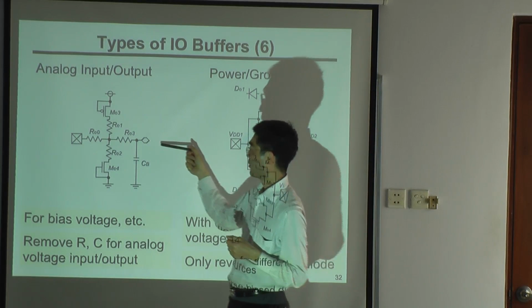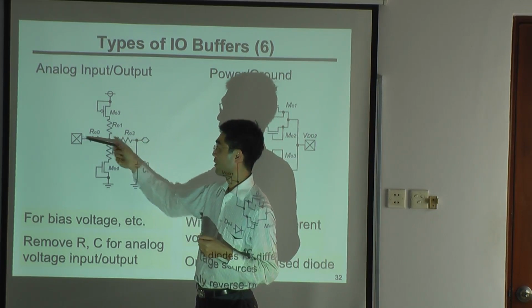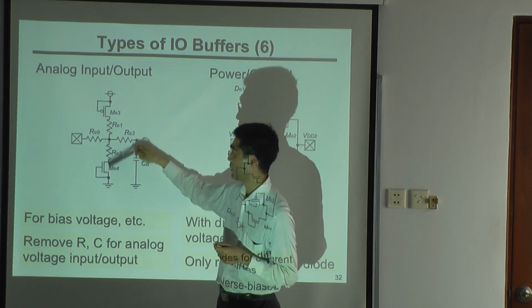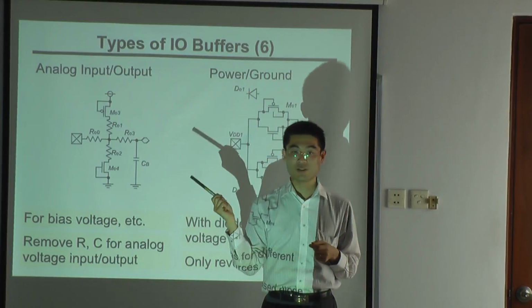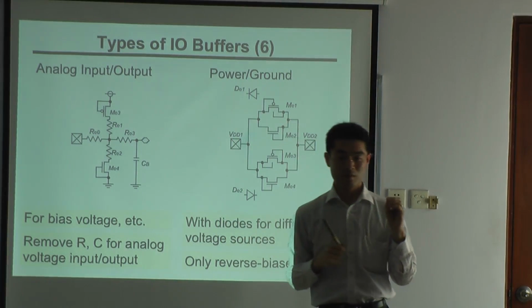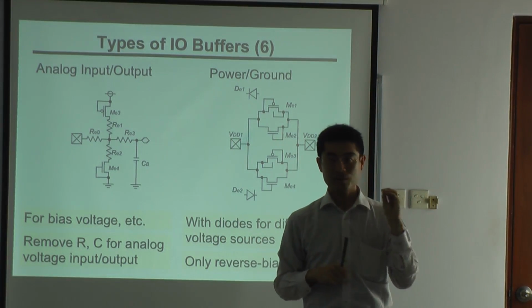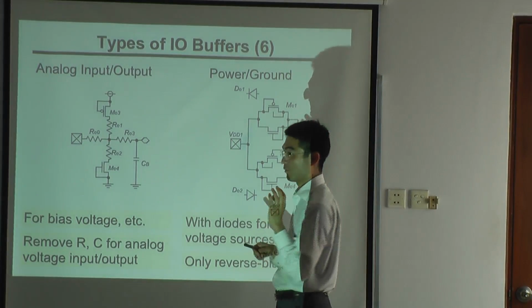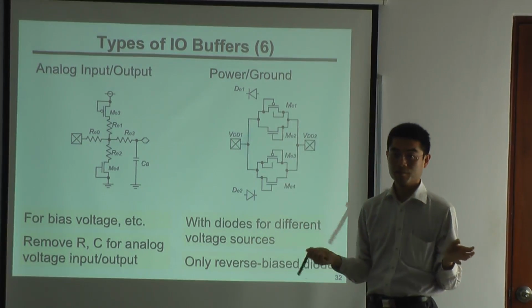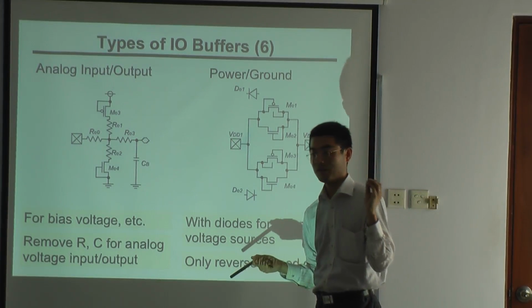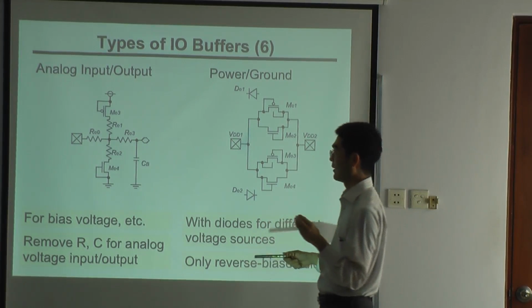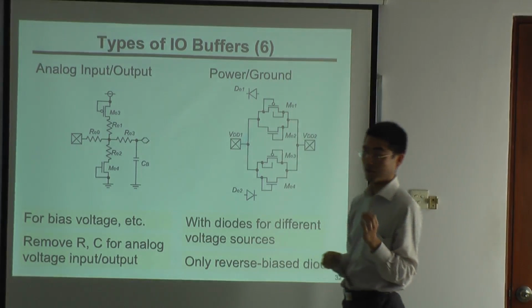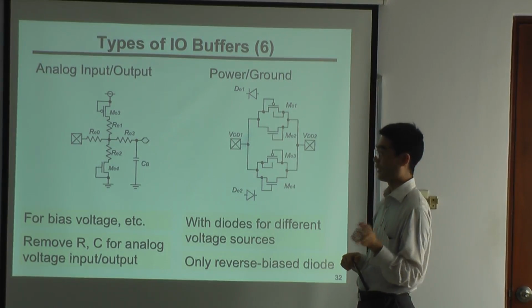So we use this kind of circuit, but we also have ESD protection. We use this, for example, when we want a bias voltage, such as for an op-amp, where we have a bias voltage for a current source. In such a case, we use this kind of input and output component just for bias.